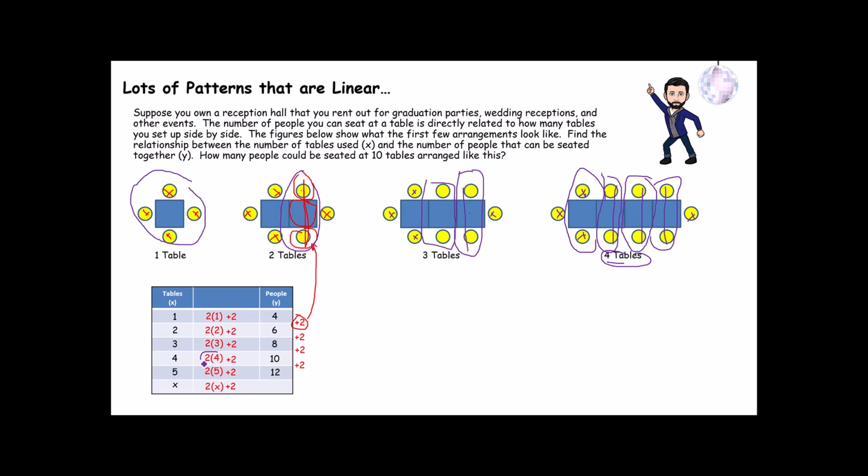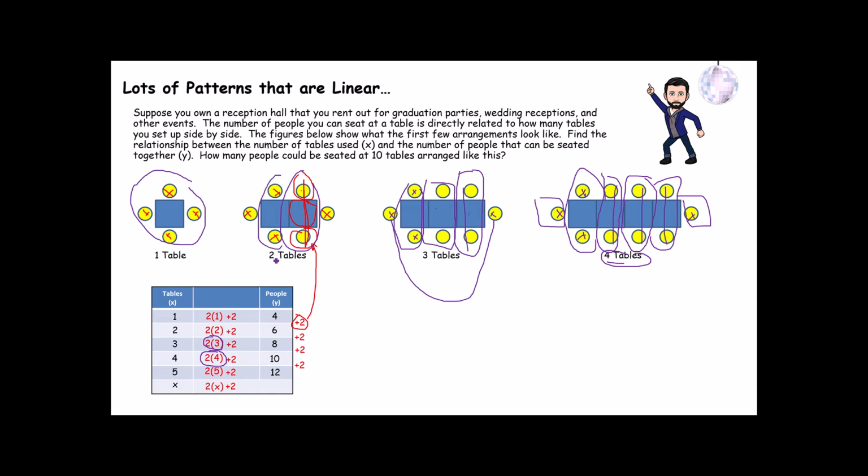That's what this says right here in the chart. 4 groups of 2 plus 2 extra. Table 3 had 3 groups of 2. Do you see them? 1, 2, 3 groups of 2 plus the 2 on the ends.